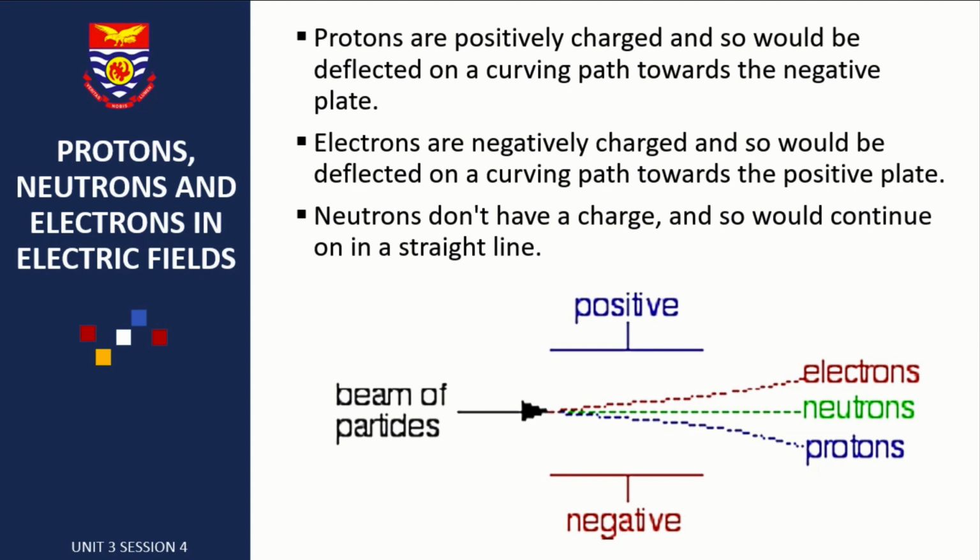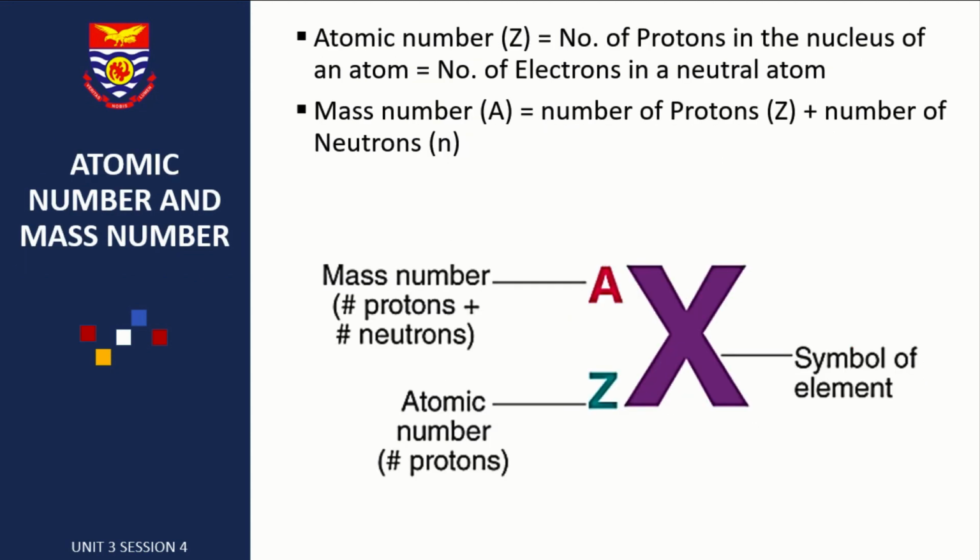So for every element that we know, it has a particular atomic number and a mass number. Let's look at the definitions of this atomic number and a mass number. Atomic number here is the number of protons in the nucleus of an atom, equals the number of electrons in a neutral atom.